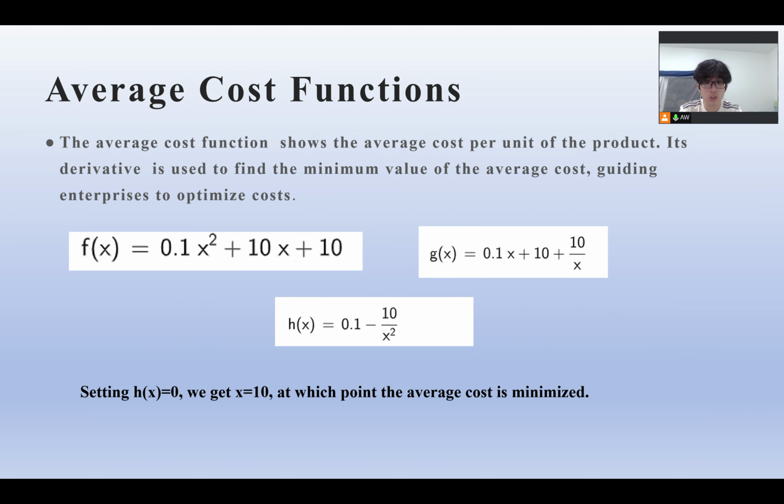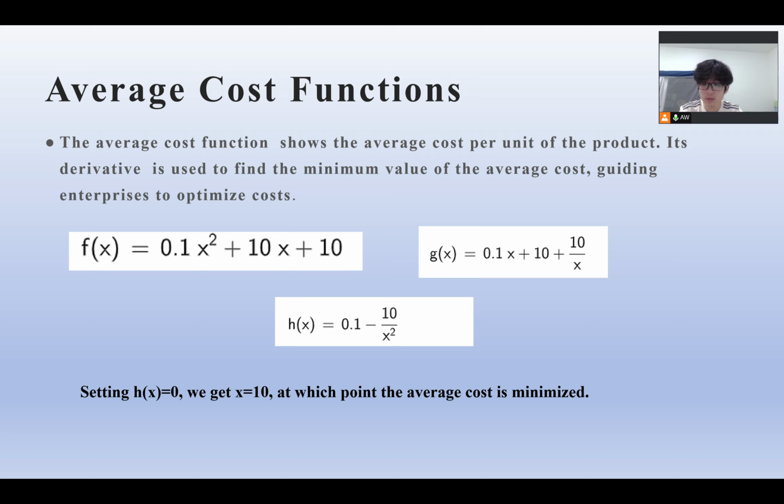And the average cost function is the cost function over the number of units. The average cost function shows the average cost per unit of product. Its derivative is used to find the minimum value of the average cost, guiding enterprises to optimize cost.